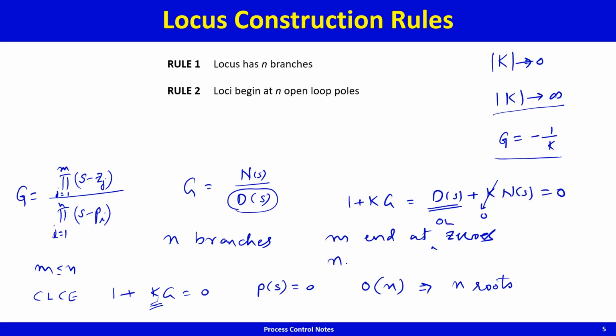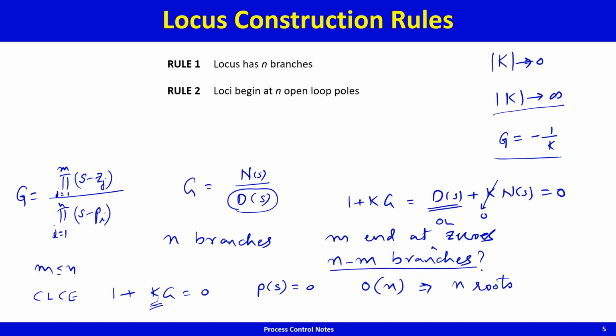What about the remaining n minus m branches? What happens to the remaining n minus m branches? Well, if m is less than n, let us say n is 5 and m is 2, then there are 3 branches. Which way will they go?